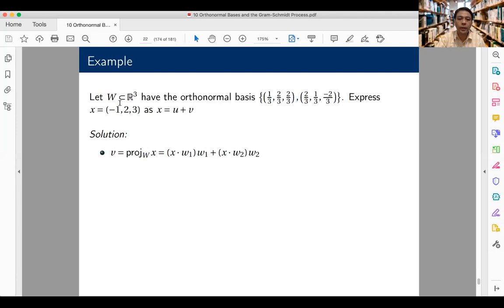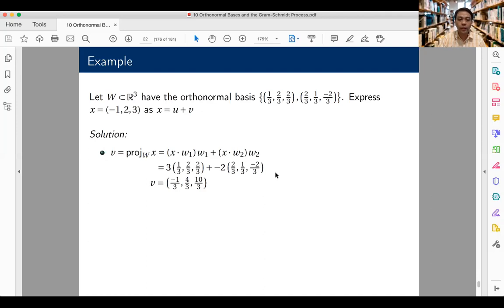You just get the inner product: -1 plus 4, that is a 3, plus 6, that is a 9. So you get 9 over 3, which is 3. The inner product of x with the second: -2 plus 2, that's 0, minus 6, that's -6 over 3, which is -2. Okay? And then you just simplify, and you get the vector v there.